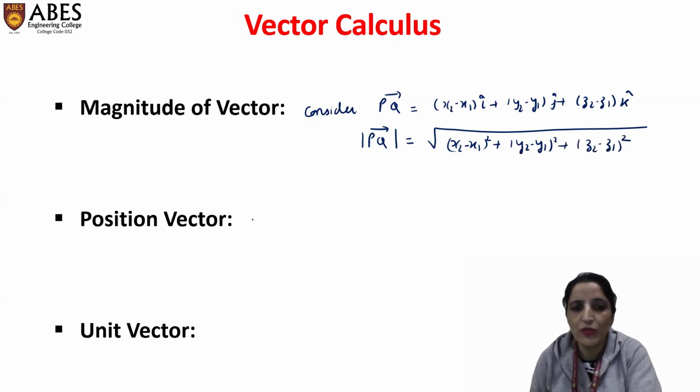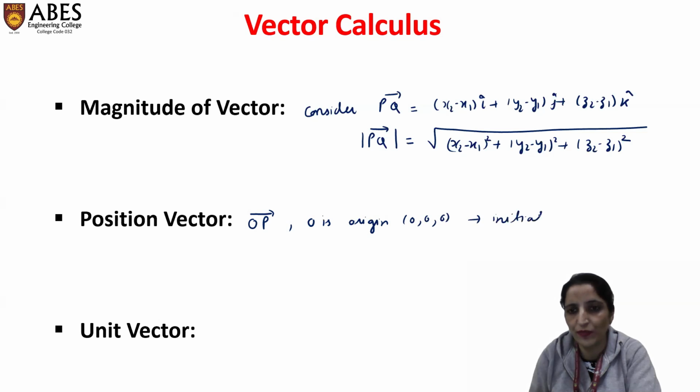Now another term we use is position vector. Position vector is the vector OP, where O is the origin, that is the initial point (0, 0, 0), and P is any random point, which is called the terminal point. Let us consider P as (x, y, z).